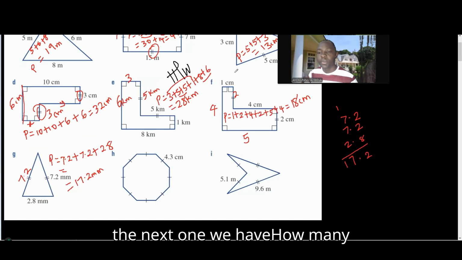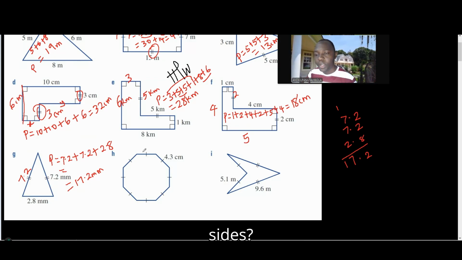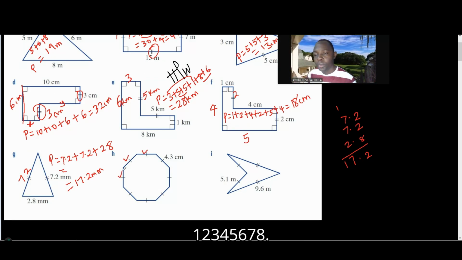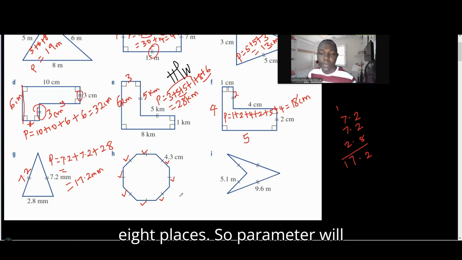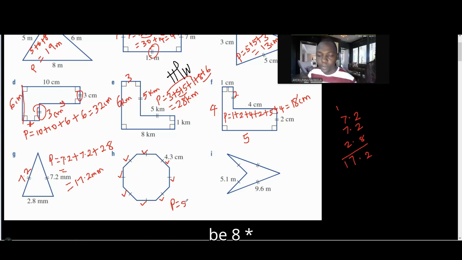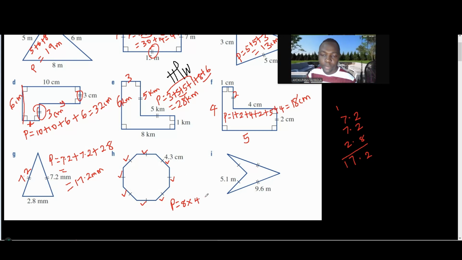And the next one we have how many sides? One, two, three, four, five, six, seven, eight. They're regular, so 4.3 in 8 places. So perimeter will be 8 times 4.3 cm.